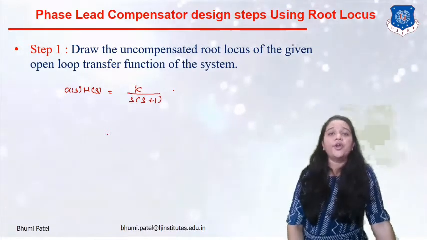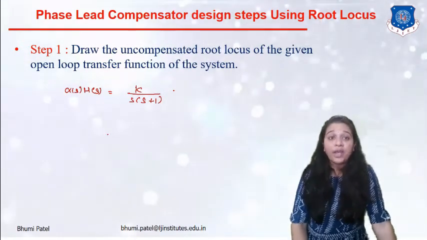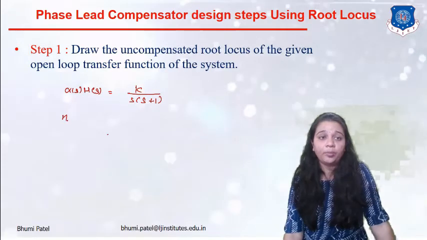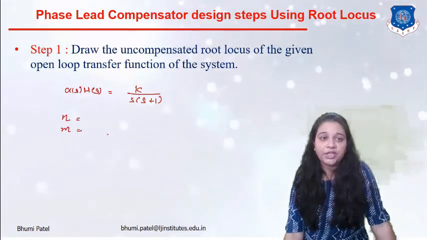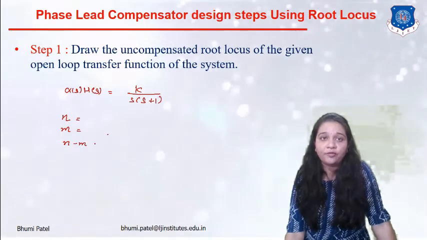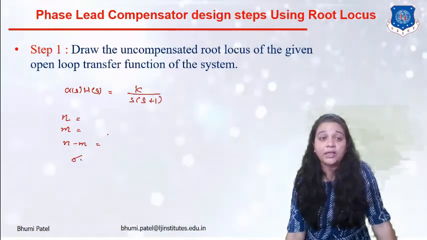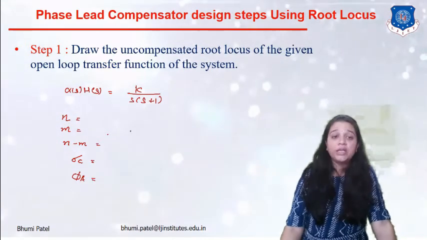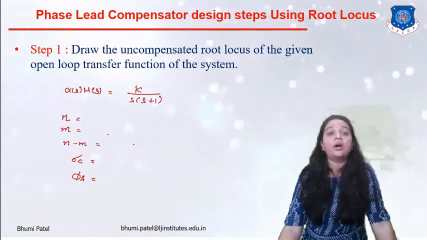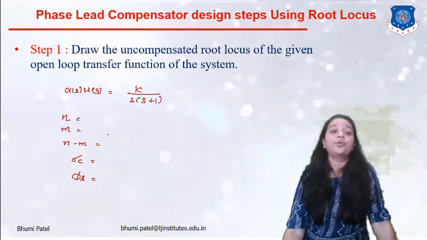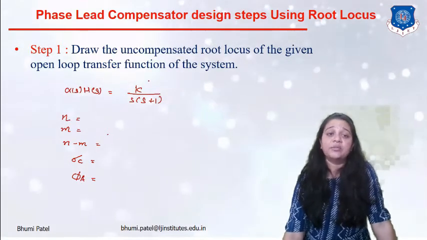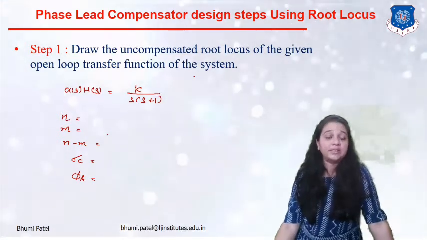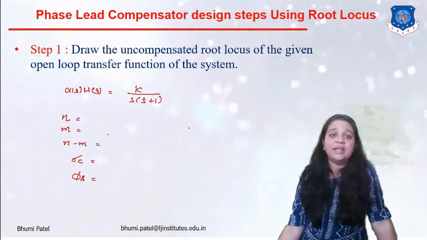So step number 1 of the phase lead compensator is to draw the uncompensated root locus, and for that we have to find the number of poles, the number of zeros, the value of n minus m, the centroid, and the angle of asymptotes. Using all these values we draw the uncompensated root locus. This is the uncompensated system that we have to compensate. So this is step number 1 of the phase lead compensator.